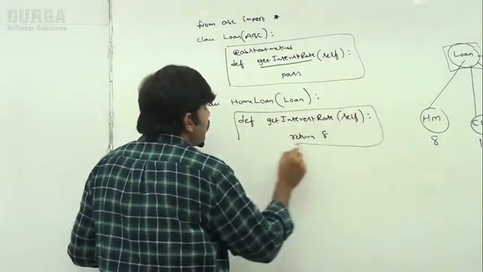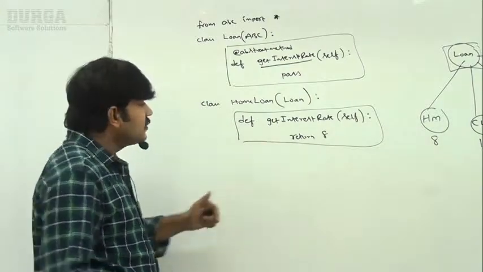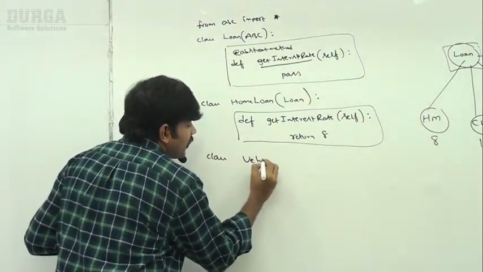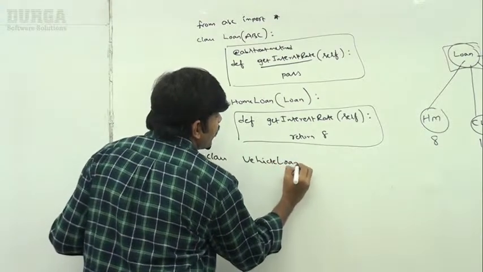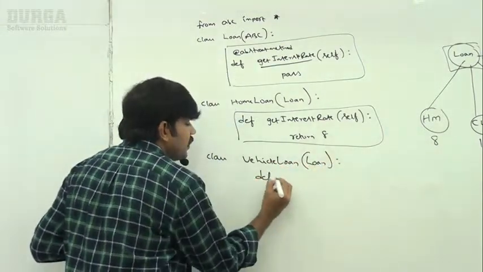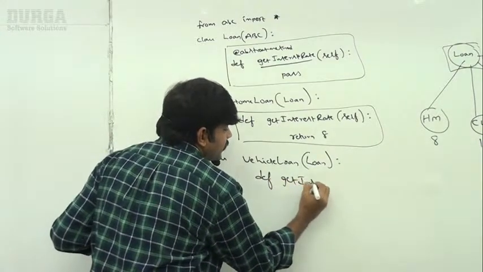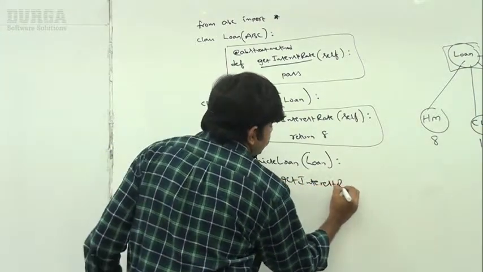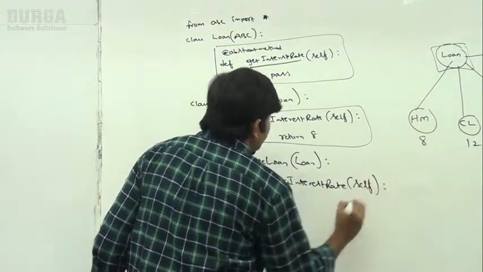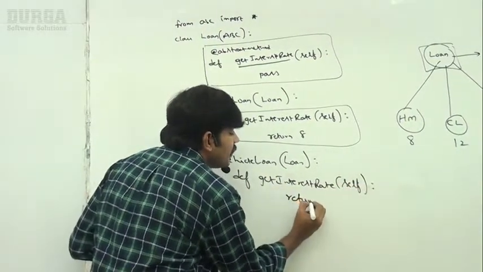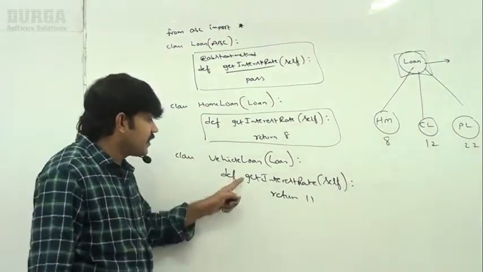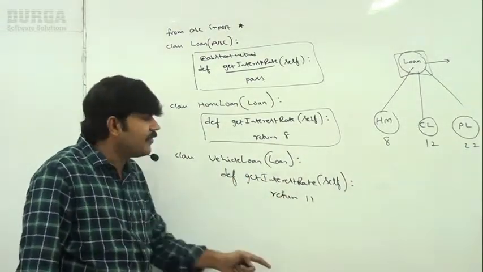In the same way, I am taking class VehicleLoan, which is the child class of Loan. def get_interest_rate of self: return 11. Assume that 11% is the interest rate for the vehicle loan.